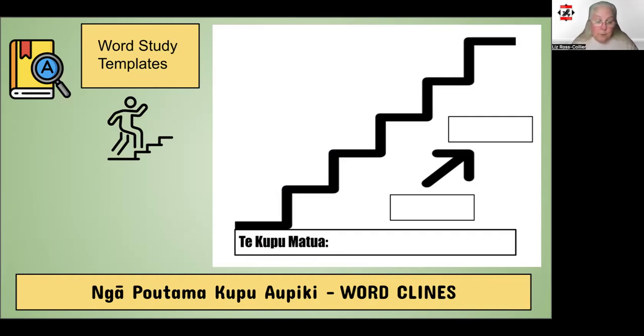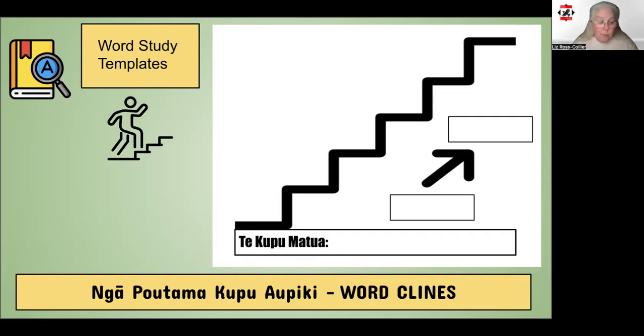The next part of the word cline is to name the two opposite ends of the scale. So the bottom one might be slow and the top one might be fast, or the two extremes might be high and low, or cold and hot, or what have you. It really depends on the type of word you've chosen to study.